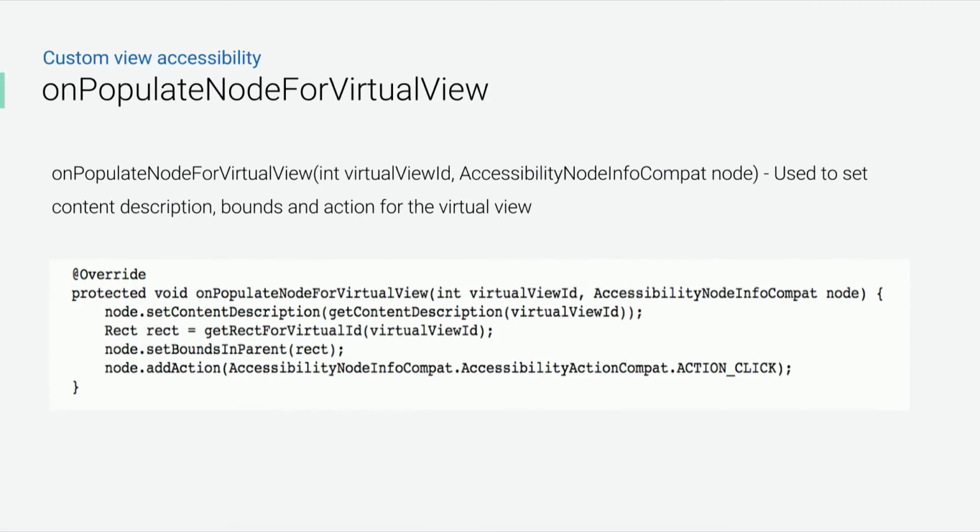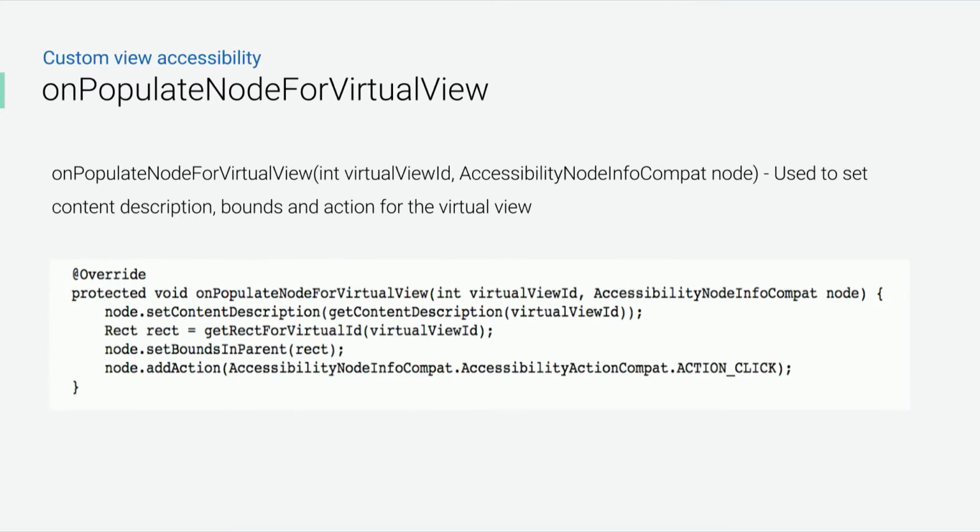So in my case, if the ID is 0, I will just say panel 0. And if the virtual ID is 1, then I'll say panel 1. And I can also have other contexts, like I will add that I will be listening for a click event. Remember, in talkback mode, the user has to click twice to invoke a click event.